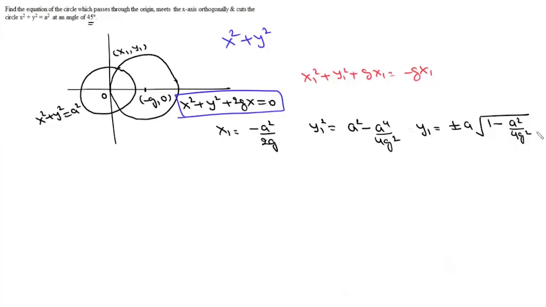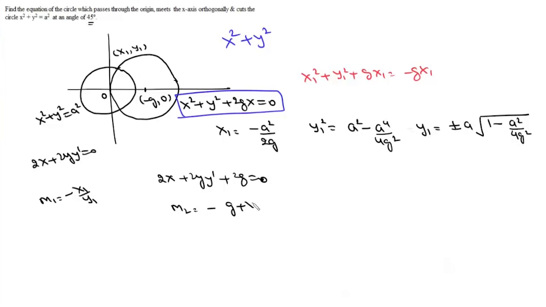Now we'll find the slope of the tangents for the two curves. Now here we'll get 2x plus 2y y dash equals 0. That means m1 is minus x1 upon y1, and for this one we'll get 2x plus 2y y dash plus 2g equals 0. So we'll get m2 as minus (g plus x1) upon y1.